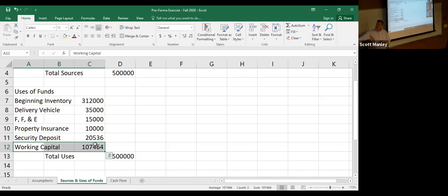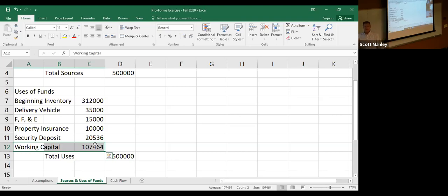And in reality here, all that working capital means is it's the difference between those things that I've identified as uses of funds versus the things I haven't identified as uses of funds. So that's where I say minimally, your pre-startup is going to include all of the stuff that's on the uses of funds, but it may include some other stuff as well.